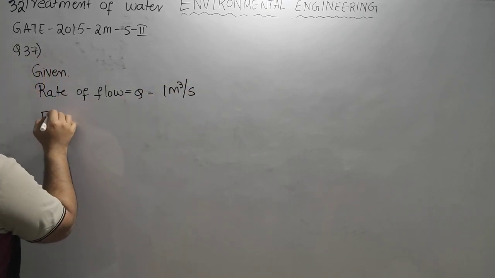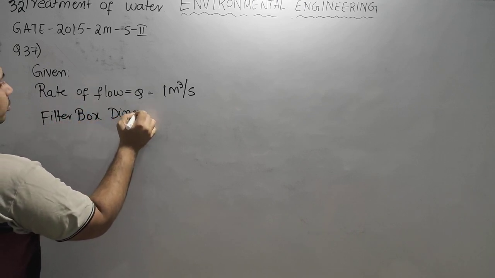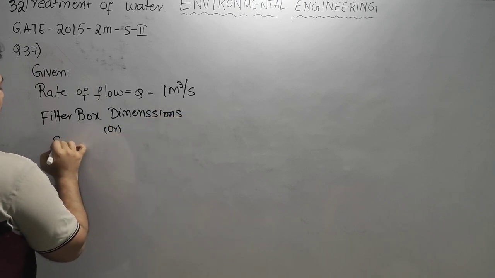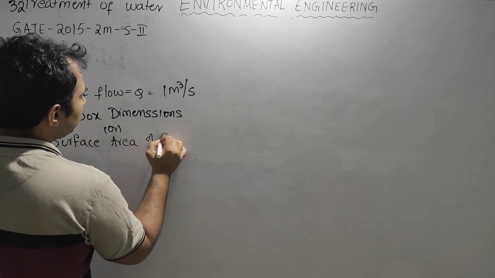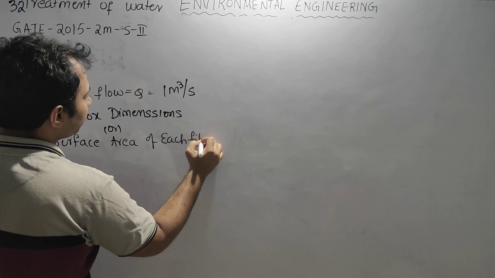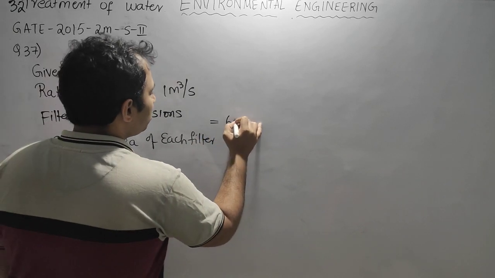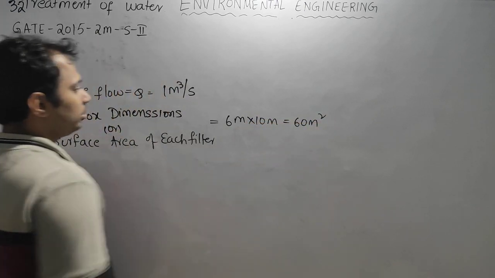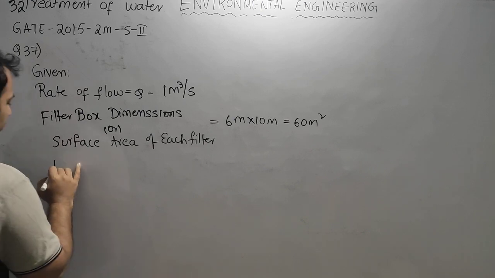And the filter box dimensions, or we can call it as surface area of each filter, is equal to 6 meter by 10 meter, that is 60 meter square. 6 meter by 10 meter, that is equal to how much? 60 meter square.